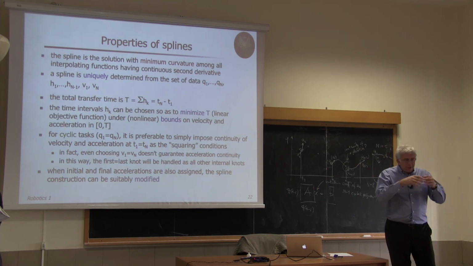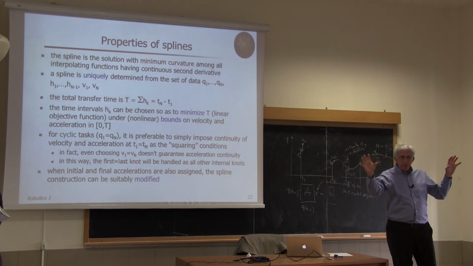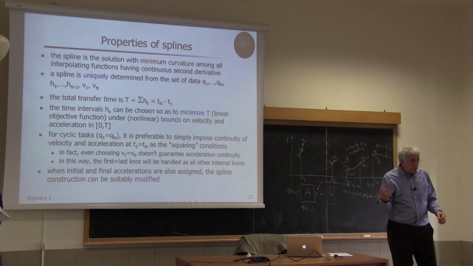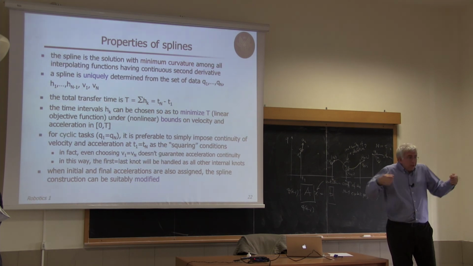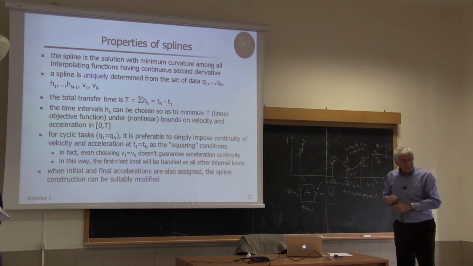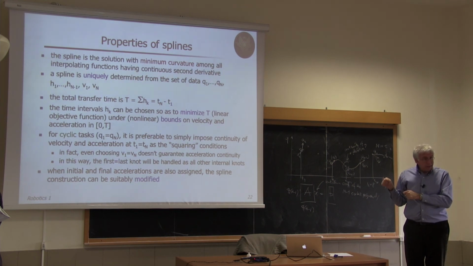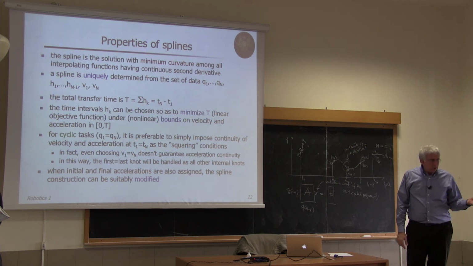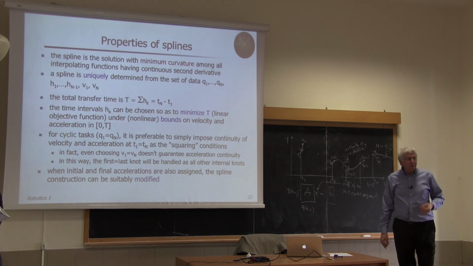So generalizing, I would say that if we use in the first interval and the last interval a 4th order polynomial rather than a 3rd order polynomial, we have the extra degrees of freedom to impose this too. But then the whole procedure should be worked out again. So it's not that you use the same formula that I showed you there. You should work out the formula. You can do this, but it's not immediate.